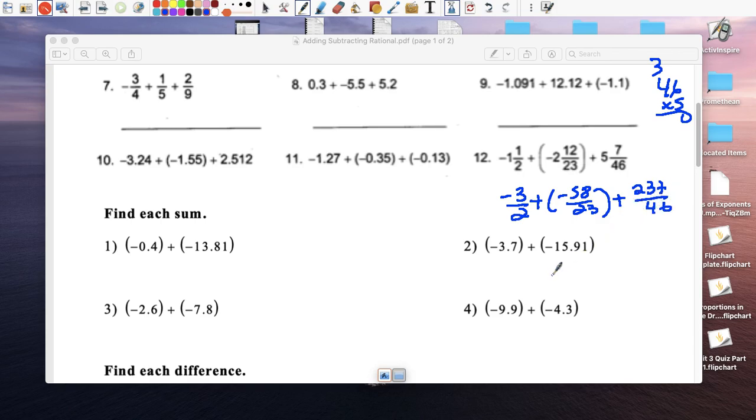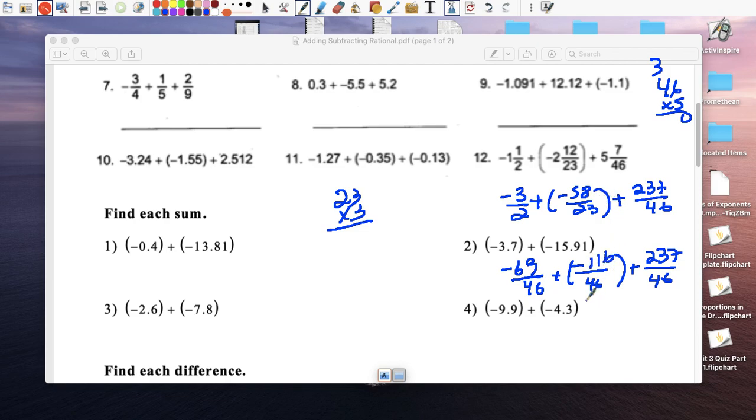Now I'm going to find the LCM, which is 46. This one is also 46, so the last one I don't have to touch. This one is times 23 at the bottom, so times 23 at the top, so 23 times 3 is negative 69. This is times 2, so on the top it's going to be 116.